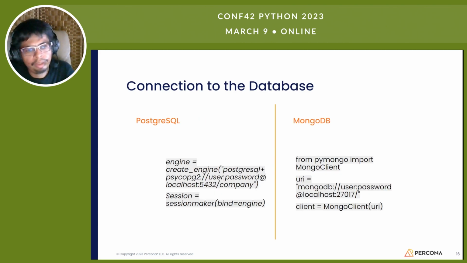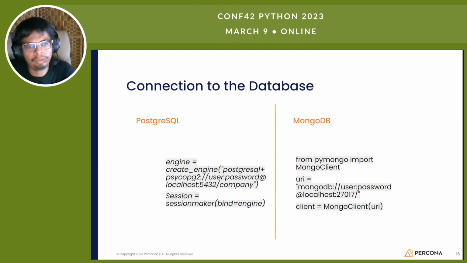For Postgres, the way to establish a connection is similar. What changes here is that we are using Postgres and a different driver. We need to specify user, password, the port that is assigned to this server, and the name of the database.